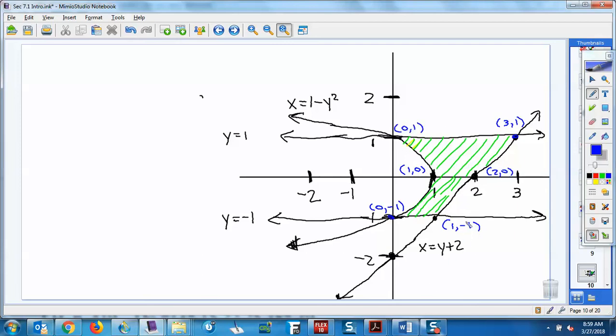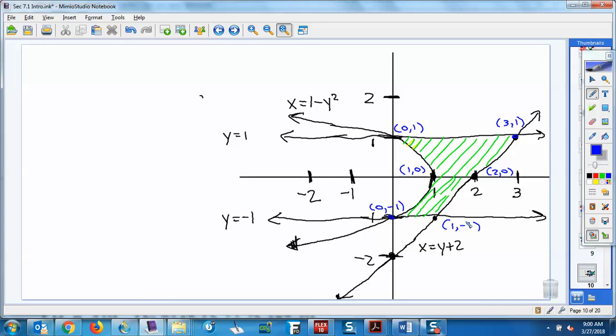Okay, so these are all of these points right here. Now, in the example in the book, they did this with horizontal rectangles, horizontal strips.